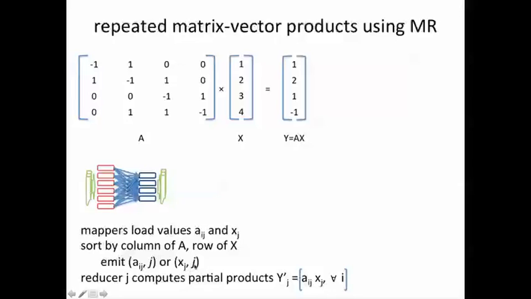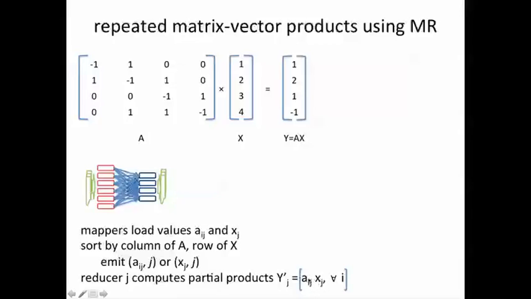Obviously, each real reducer has a bunch of j's which it gets, so each reducer will get a bunch of columns of A and a bunch of rows of X. When a reducer J gets all its elements, it computes the partial product Aij times Xj. Since it's getting the values of Aij for every J, it's also getting for a bunch of J's the Xj's for a bunch of J's.